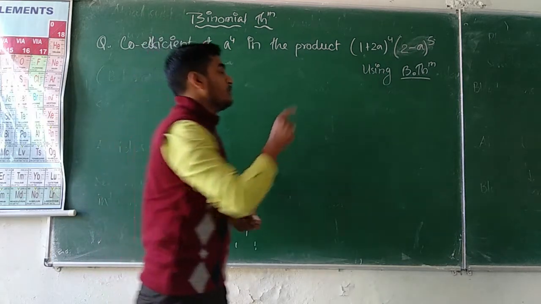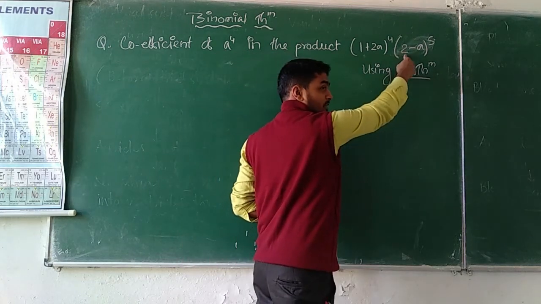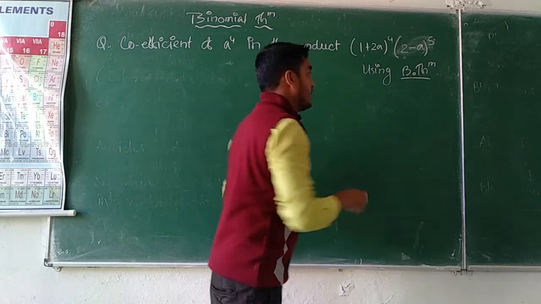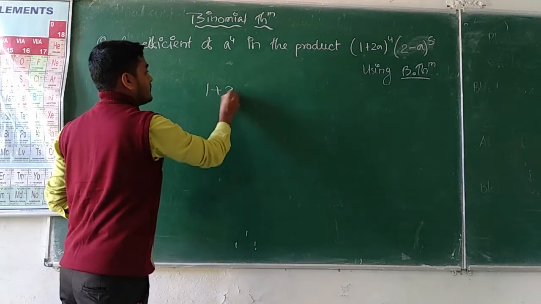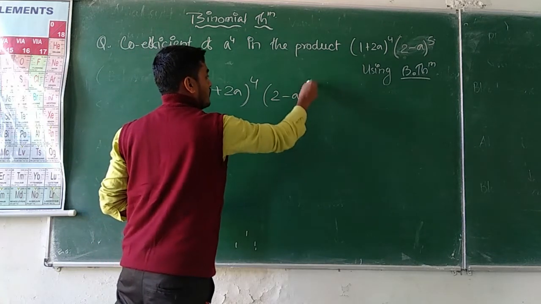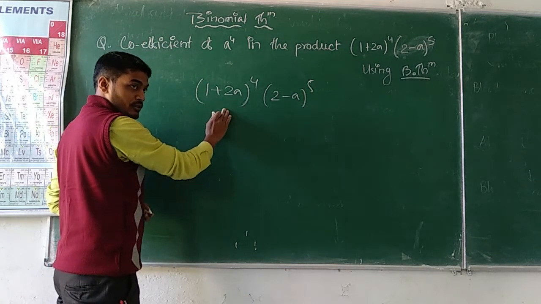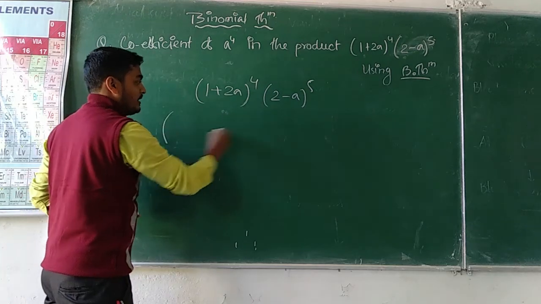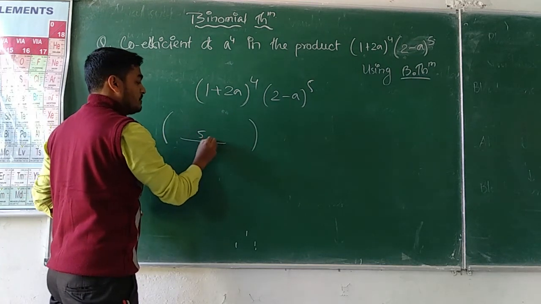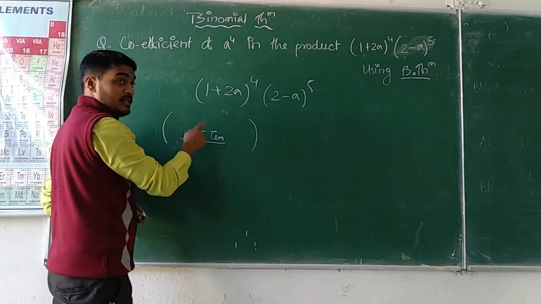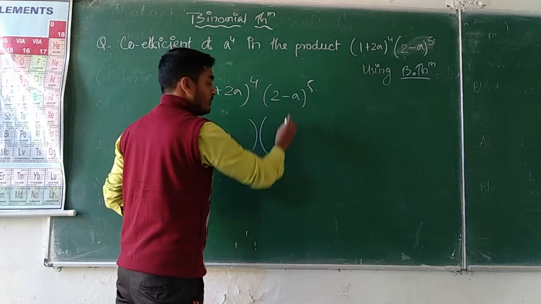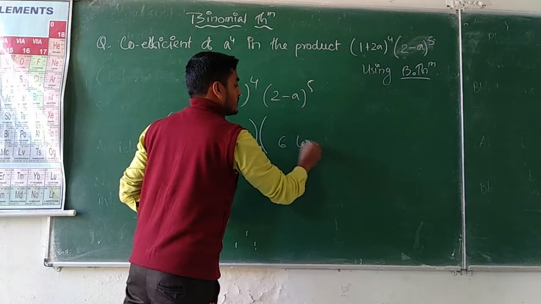In the same way, we apply the binomial theorem to (2 − a)^5. The expansion of (1 + 2a)^4 will have 5 terms, and the expansion of (2 − a)^5 will have 6 terms.